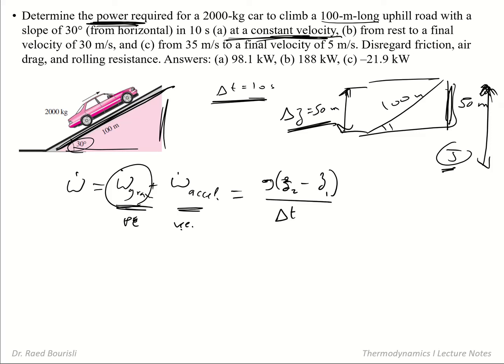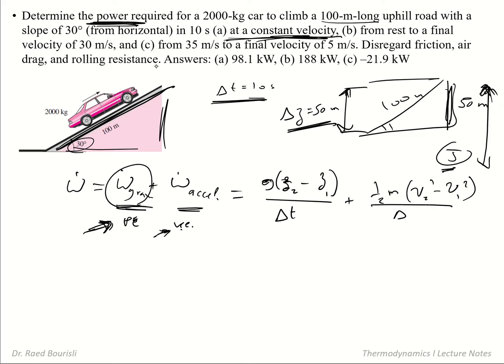If I divide it by delta t, it will give me the power contribution of the potential energy, the raising of a body in gravity, the work done against gravity, plus some component for accelerating, the kinetic energy, so 1/2 m times v2 squared minus v1 squared. This will give me the kinetic energy.